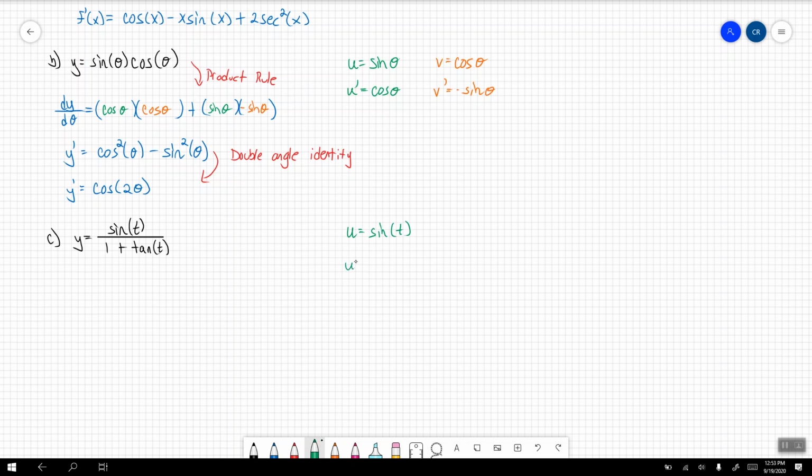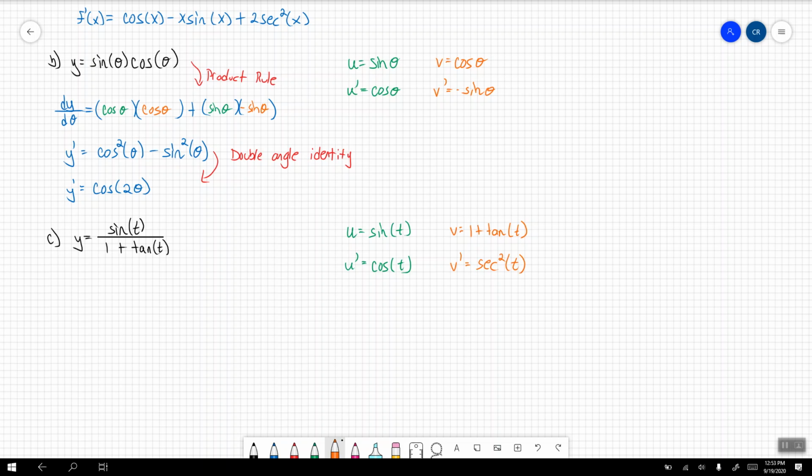That means that u prime is going to be cosine of t. V is going to be my denominator, which is 1 plus tangent of t, which means that v prime is going to be secant squared of t.